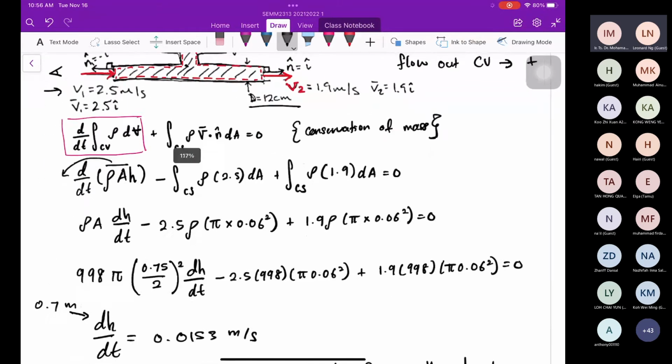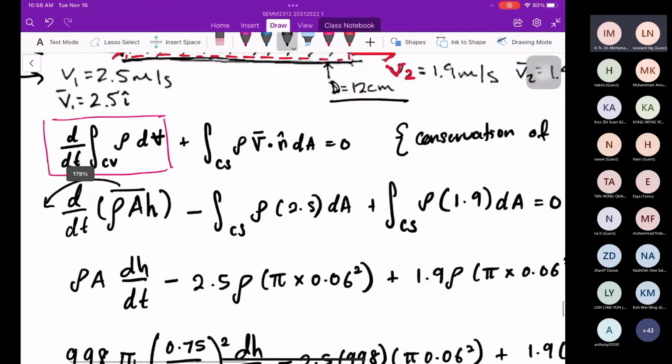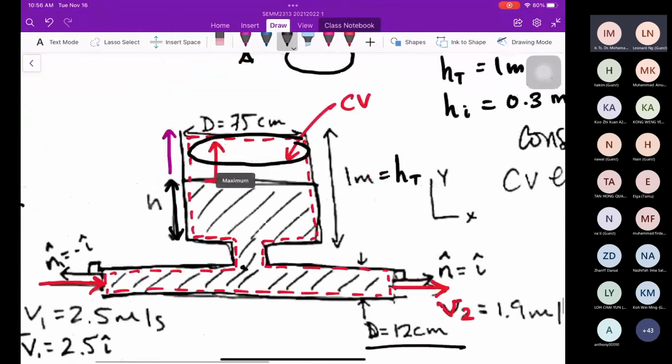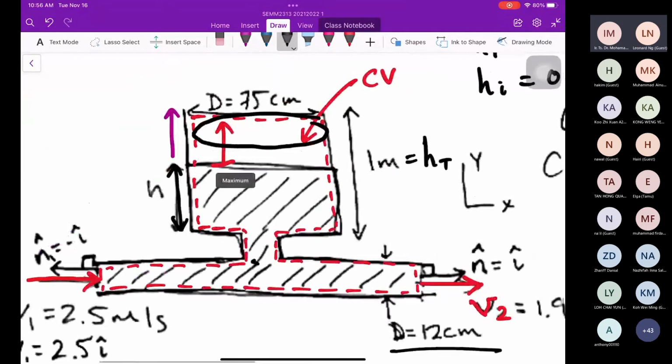I just want to recap. First, recap the conservation of mass in terms of control volume. We have the change in control volume plus control surface. From the control volume, you need to analyze which location the change happened inside.